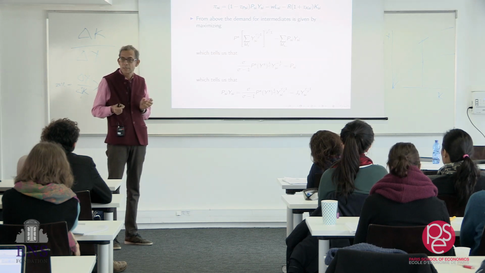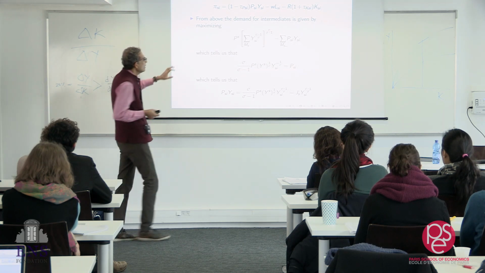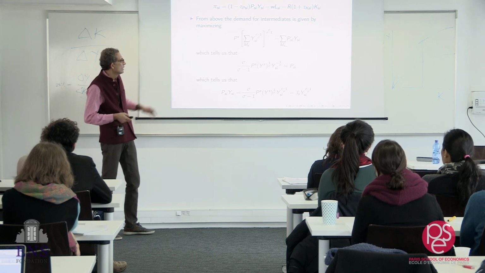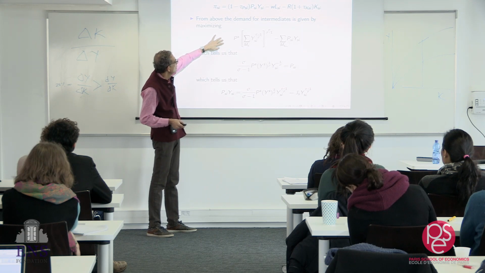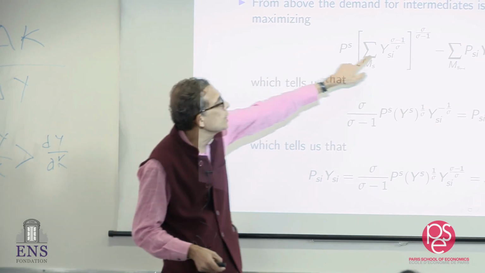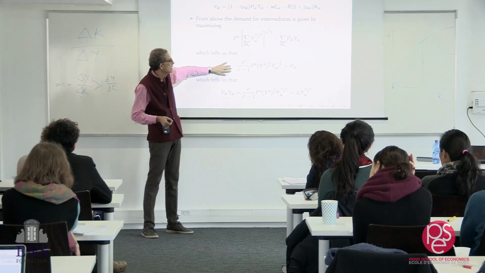Different firms face different prices. Okay, so then if you maximize this by choosing YSI, which is how much to produce, you get an equation which looks like this.